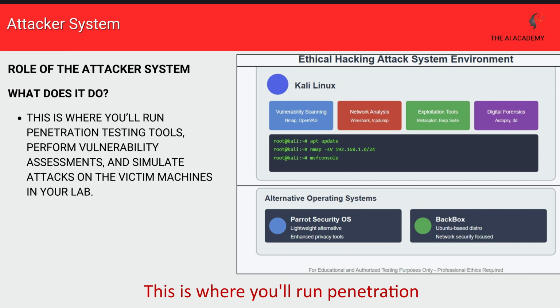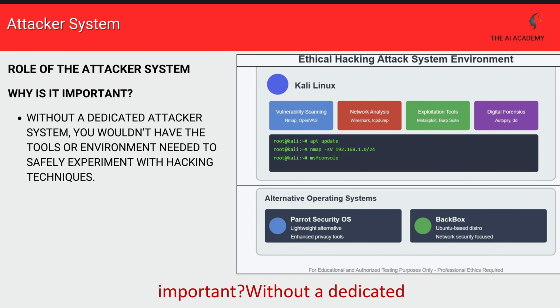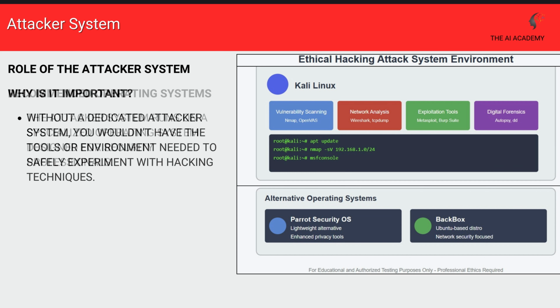This is where you'll run penetration testing tools, perform vulnerability assessments, and simulate attacks on the victim machines in your lab. It's designed to help you understand how hackers think and operate, so you can develop strategies to prevent and mitigate real-world threats. Why is it important? Without a dedicated attacker system, you wouldn't have the tools or environment needed to safely experiment with hacking techniques.